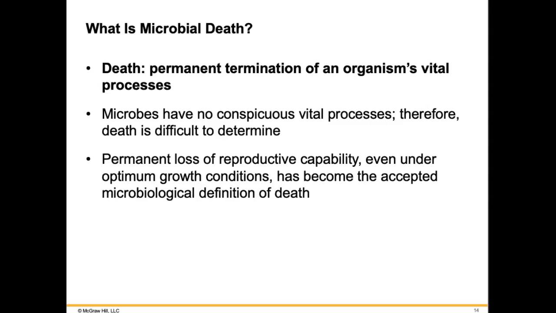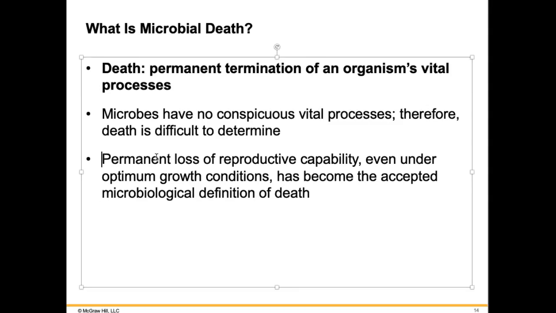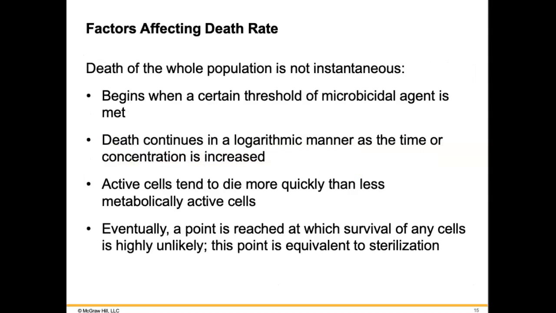Permanent loss of reproductive capability, even under optimum growth conditions, has become the accepted microbiological definition of death. So, right here, permanent loss of reproductive capability for microbes, like bacteria and such.